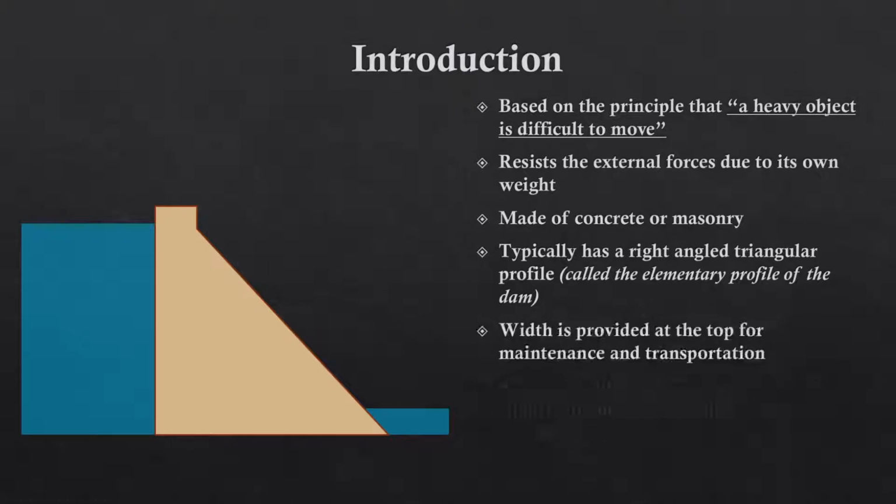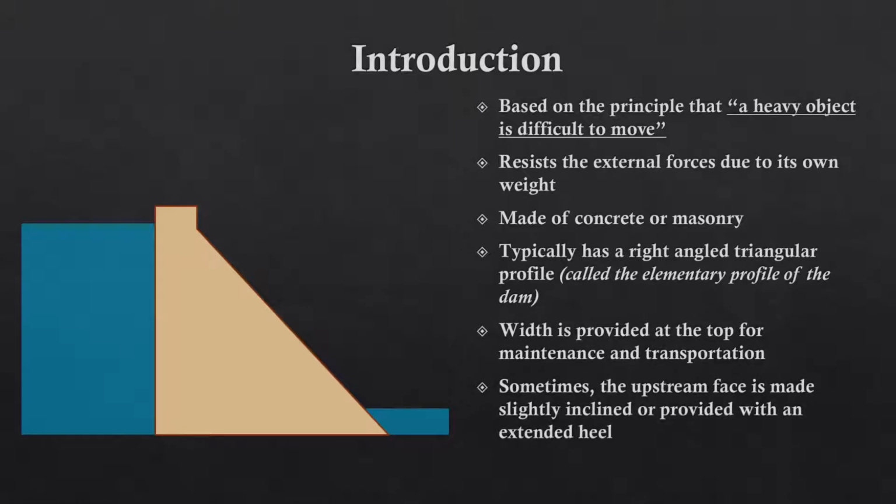So in this case, this dam, if we only consider this kind of a section, which is a right angle triangle, then that part is called the elementary profile of the dam.